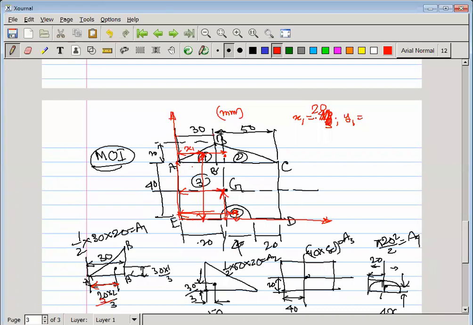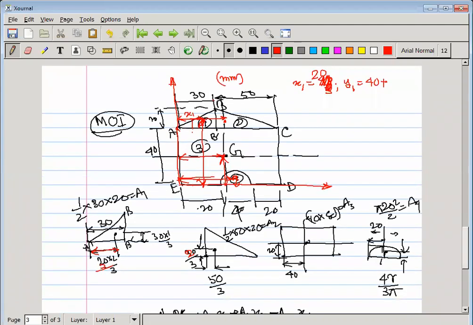Okay. Now y1 is how much? Y1 is this 40 plus this height. This height is 20, again I was doing this one wrong. Along x-axis it is 30, na?